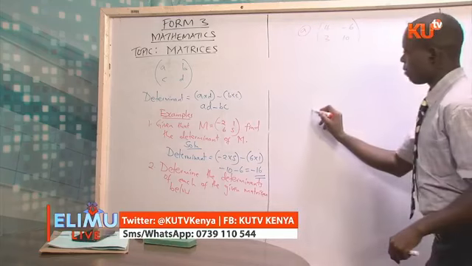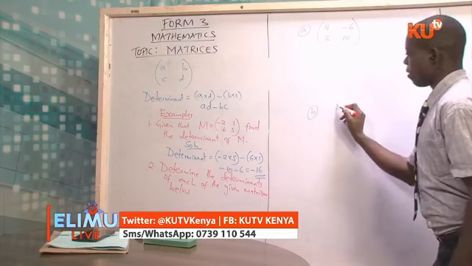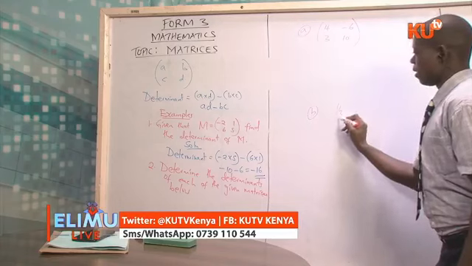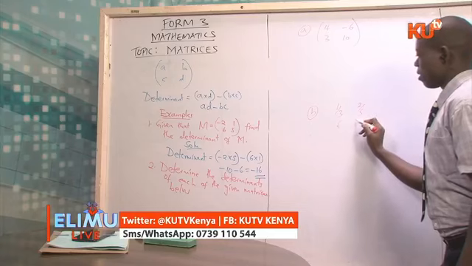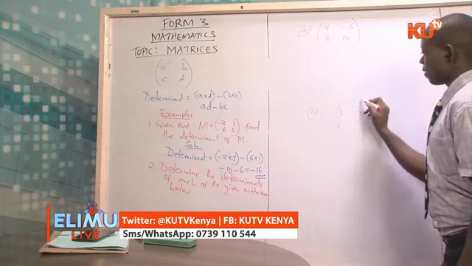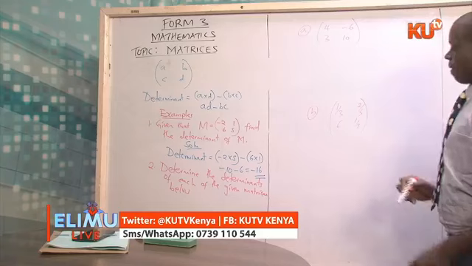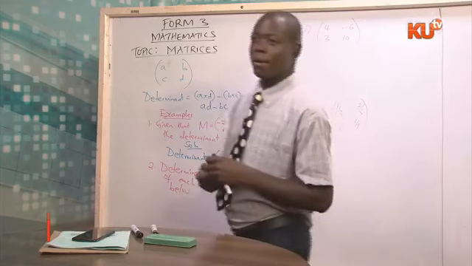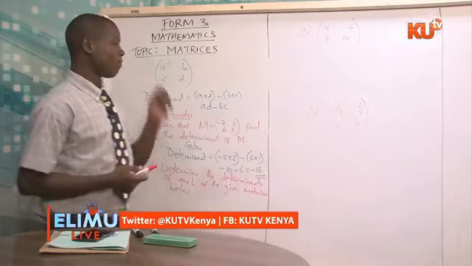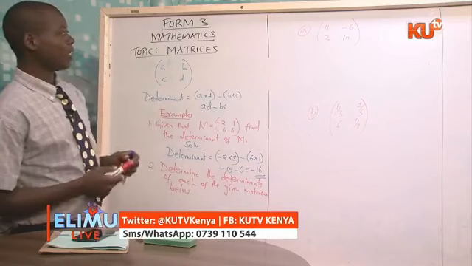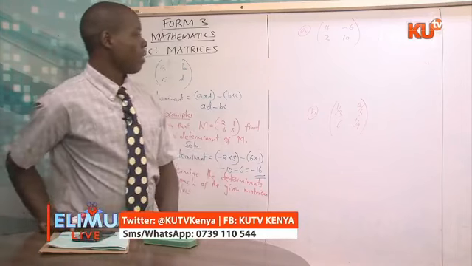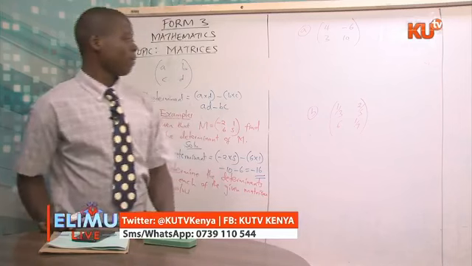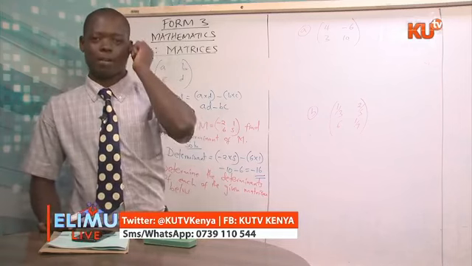And then the second one is 1/3, 2/5, 6, 1/7. Those are the matrices that we have.